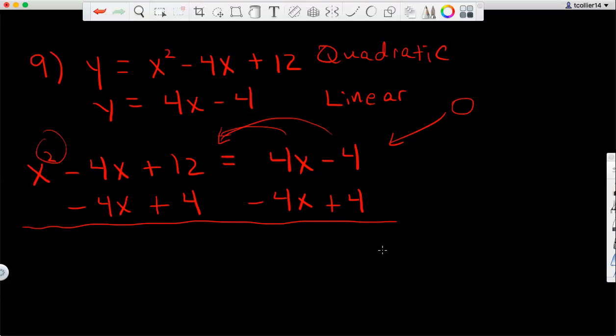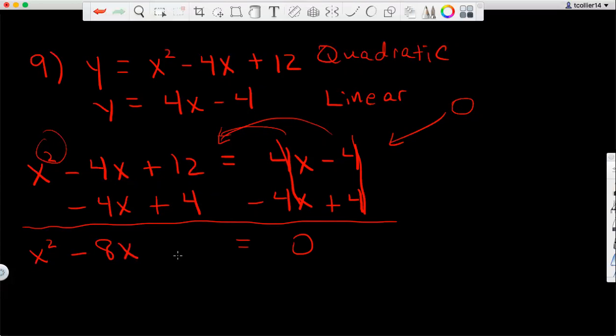Okay. So now everything on the right side is going to cancel out. I'm left with a 0. And everything is going to show up on the left side. Starting with the x squared, I bring that down. Minus 4 is going to give me minus 8x.